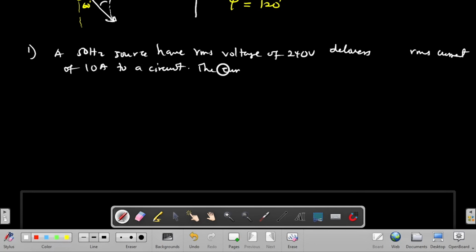The current lags the voltage by 30 degrees.